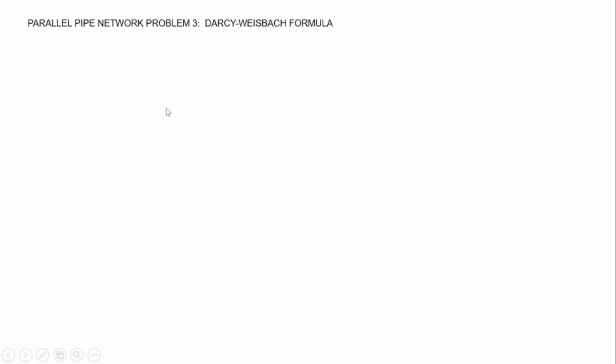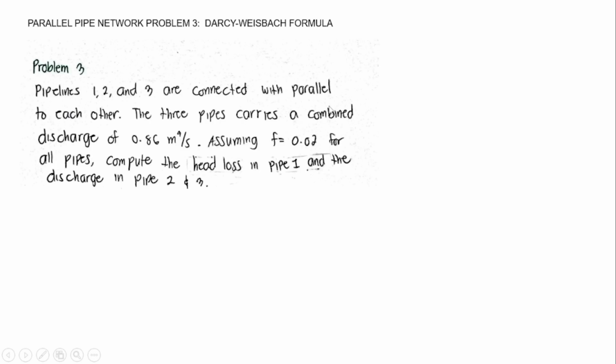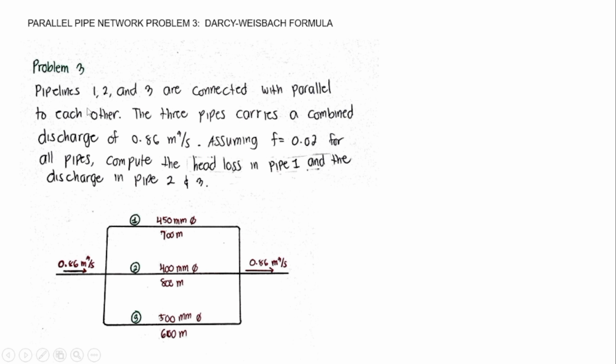So parallel pipe network problem number 3, we are going to use the Darcy-Weisbach formula. Problem number 3: pipelines 1, 2, and 3 are connected in parallel to each other. The three pipes carry a combined discharge of 0.86 cubic meter per second.